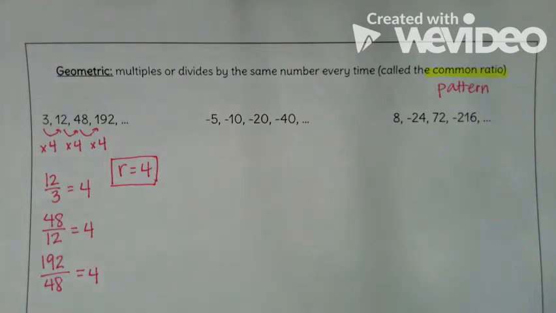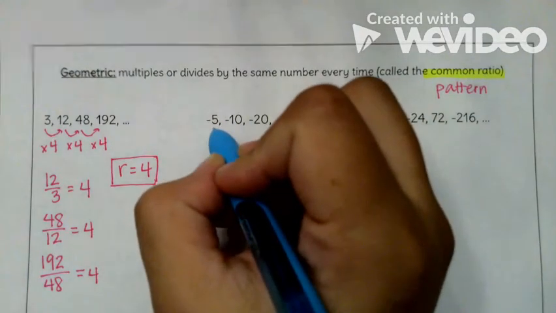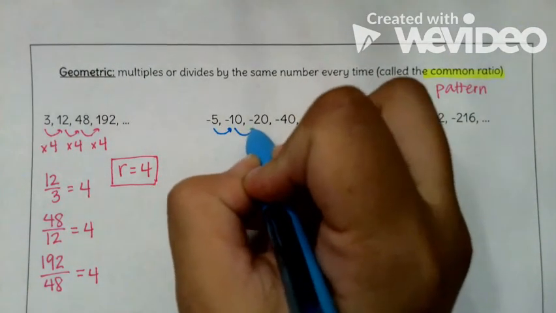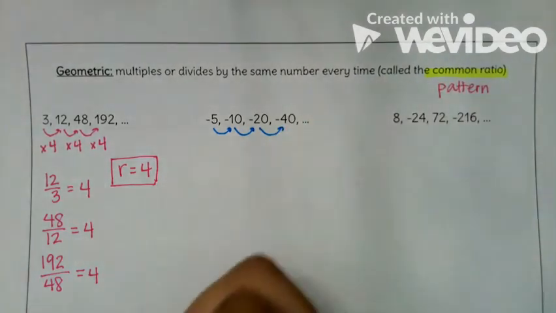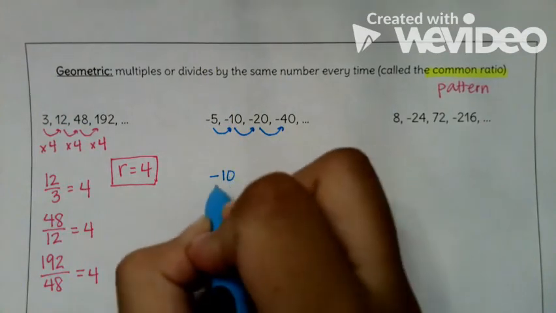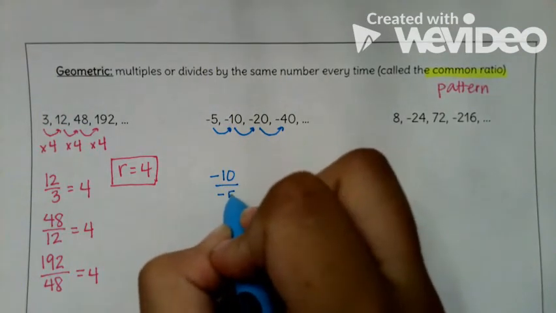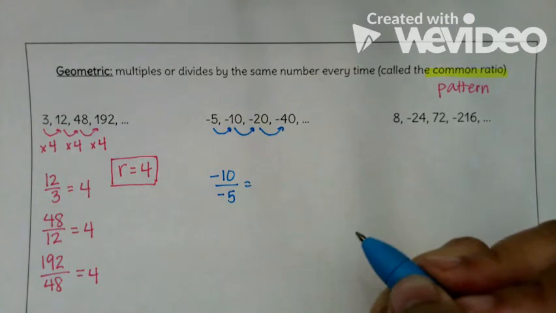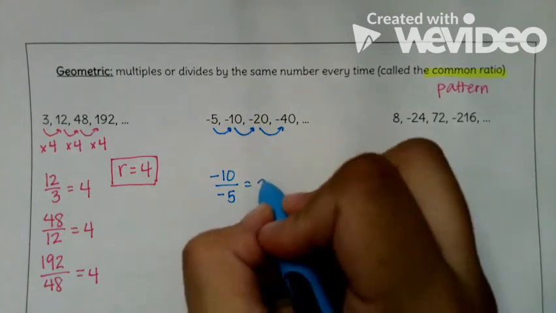Okay, for my next one, if I have negative 5, negative 10, negative 20, negative 40, in order to find the next one, I go from the previous to the next. I'm going to take my negative 10 and divide it by negative 5, and a negative divided by a negative is a positive 2.